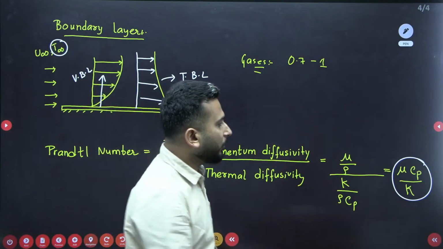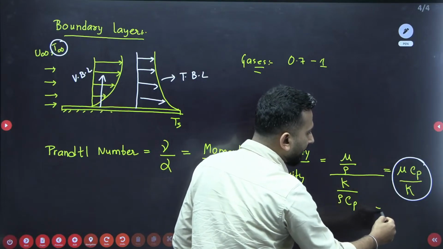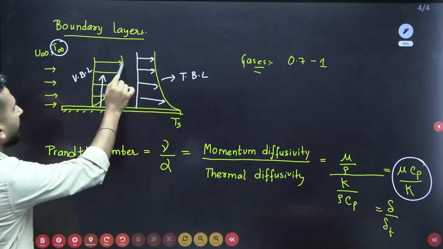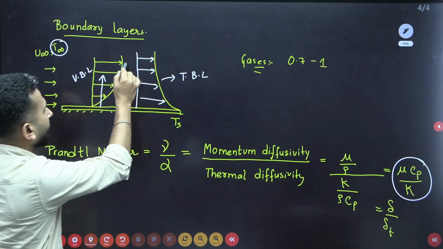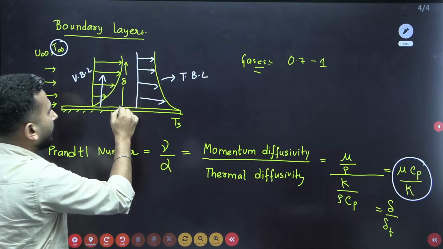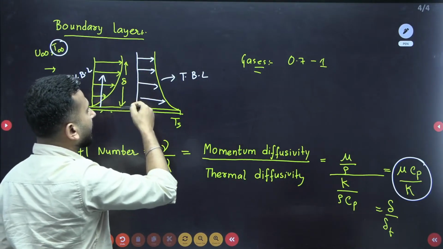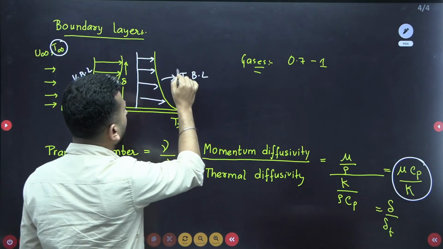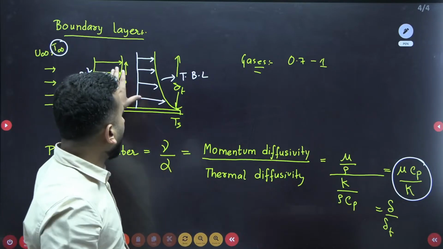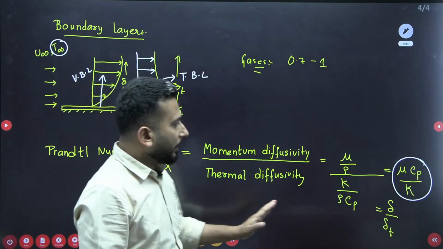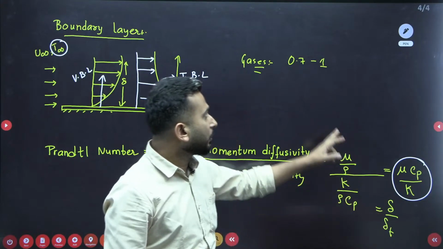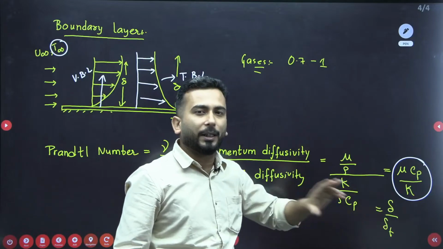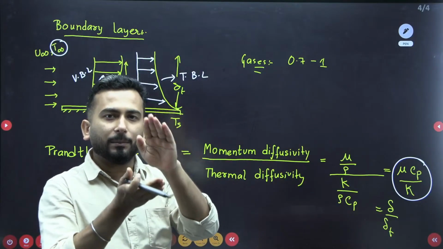That means if you assume that this gives me an idea about delta by delta T, what is delta? Delta is the thickness of the velocity boundary layer, and delta T is nothing but the thickness of the thermal boundary layer. So comparing the two, numerator delta, denominator delta T. When I say that for gases this value is almost equal to 1, I can say that delta and delta T are more or less of the same thickness.